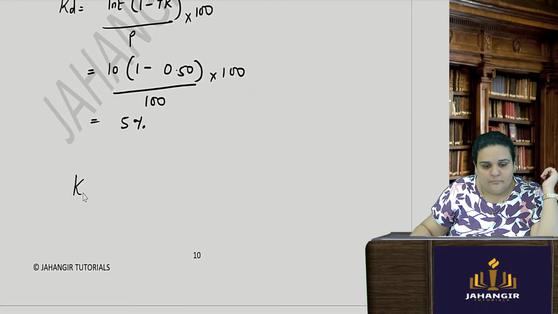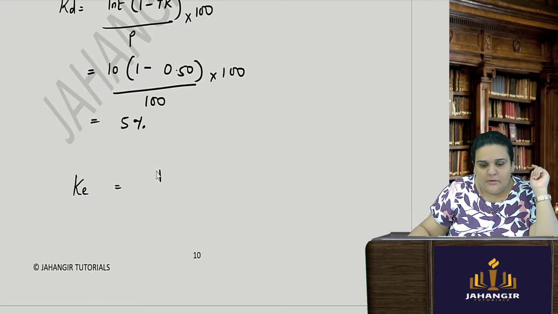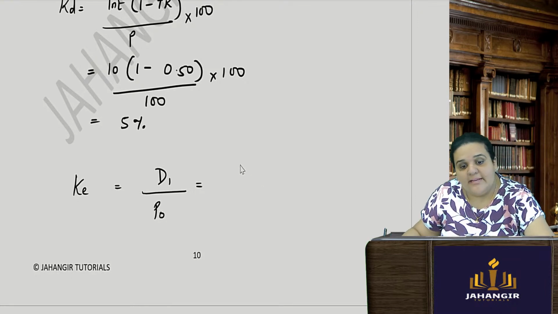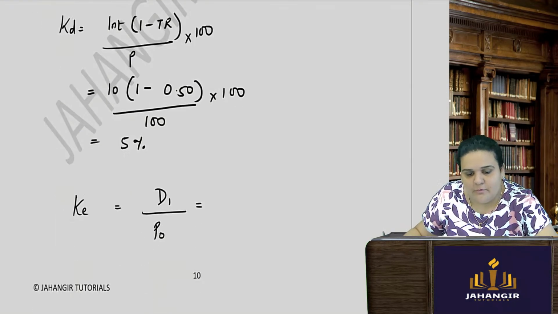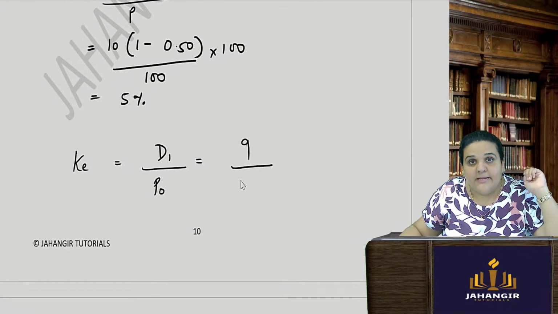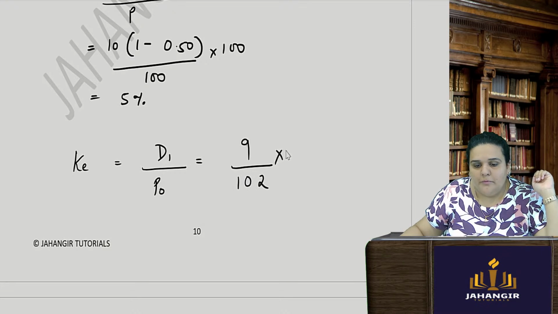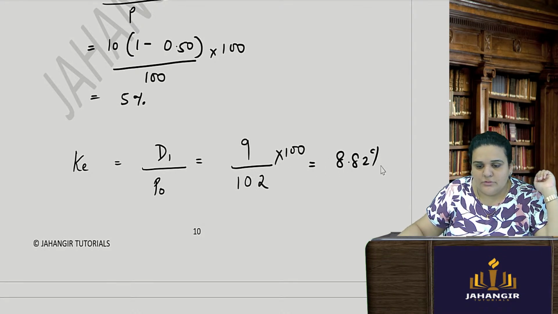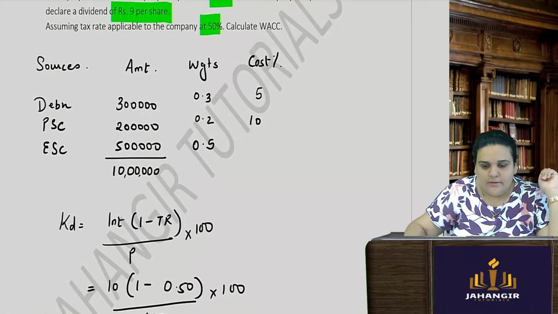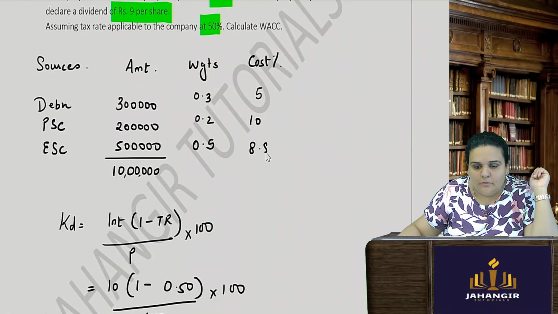KE, I am going to use the dividend formula, D1 over price. D1 is they are expecting to give a dividend of 9 rupees per share, and the price they are quoted at is 102. Okay, so this will become 8.82%. So I'm going to write here 8.82.